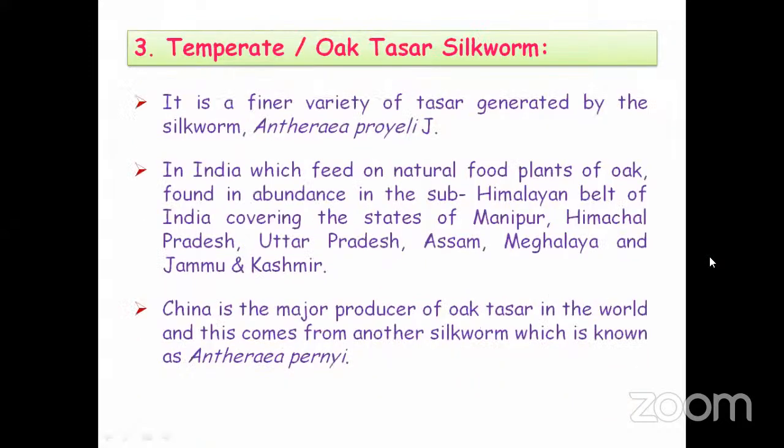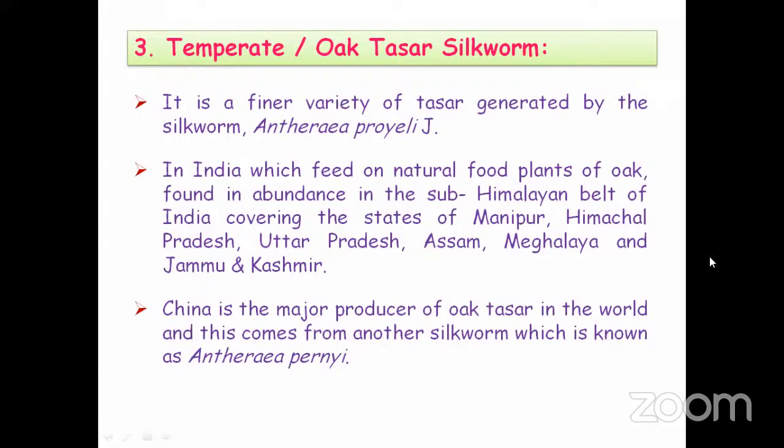The next one is the temperate or oak tussar silkworm. This silk is generated from the silkworm Antheraea proylei in India, which feeds on natural food plants of oak, found in abundance in the sub-Himalayan belt of India, covering the states of Manipur, Himachal Pradesh, Uttar Pradesh, Assam, Meghalaya, and Jammu Kashmir.